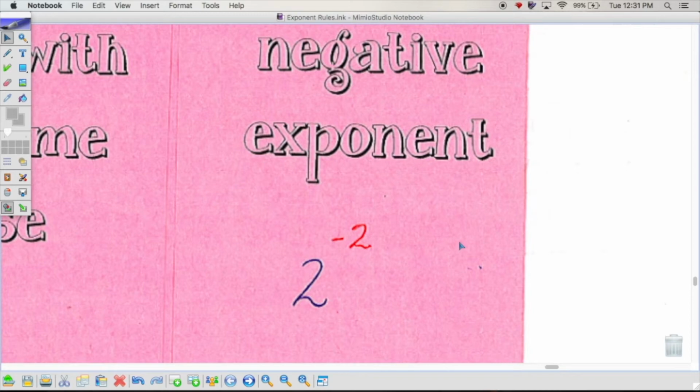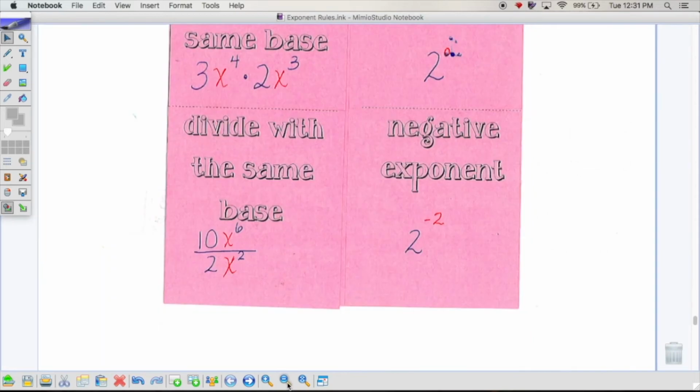So what would you answer if I asked you in class what 2 to the negative 2 power is? Okay, think about what your answer would be. I'll give you a hint. It is not negative 4.